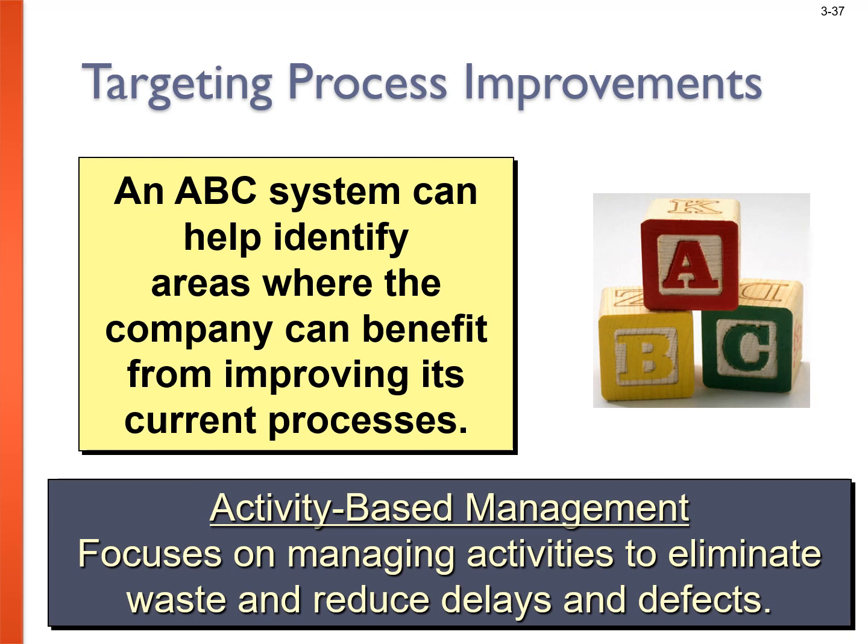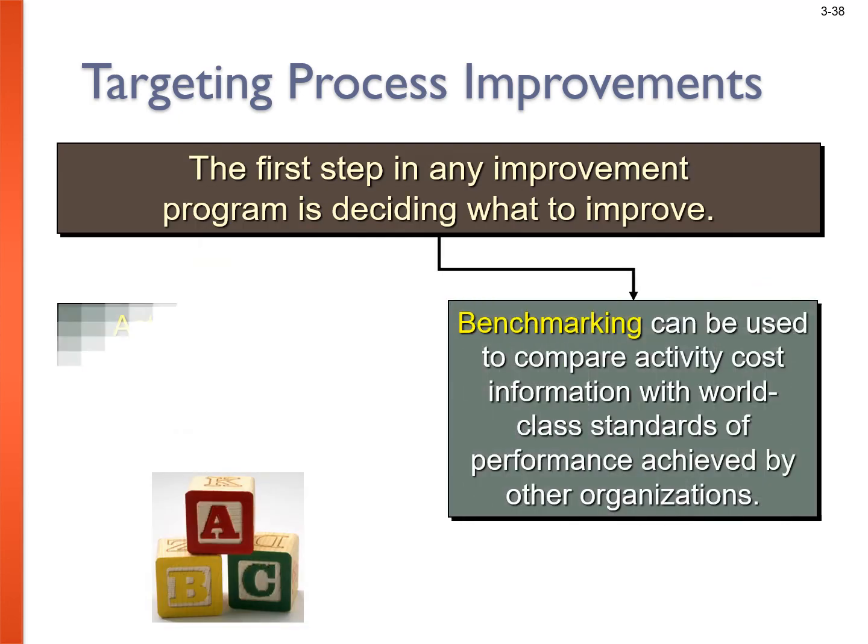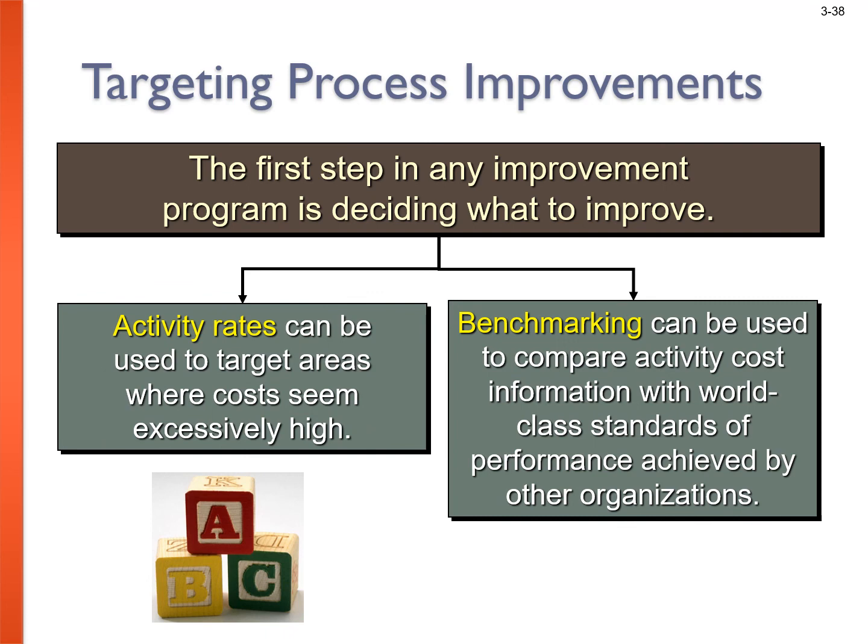An ABC system can help identify areas where the company can benefit from improving its current processes, right? It focuses on managing activities to eliminate waste and reduce delays and defects. So the first step in any improvement program is deciding what to improve. Activity rates can be used to target areas where costs seem excessively high.